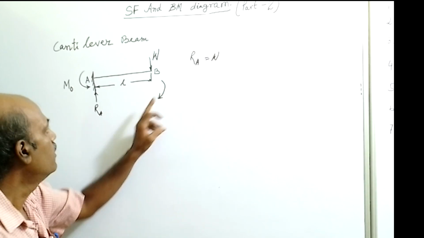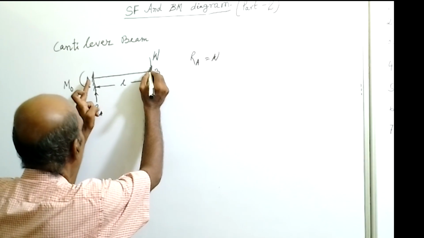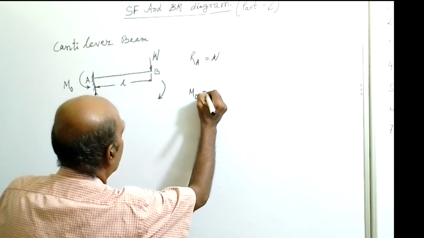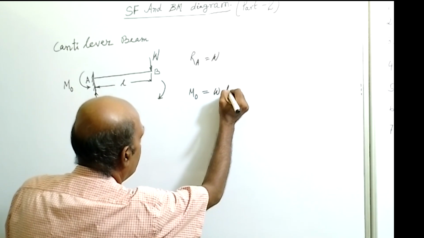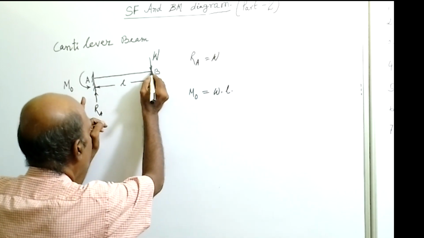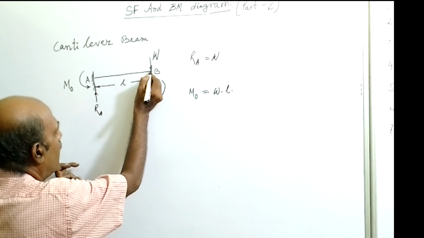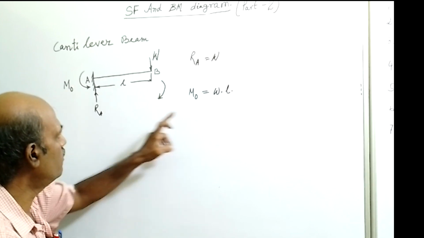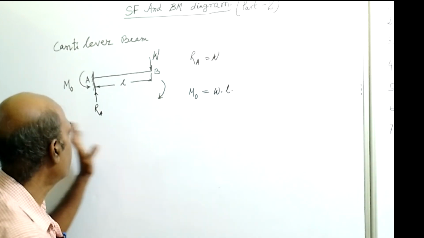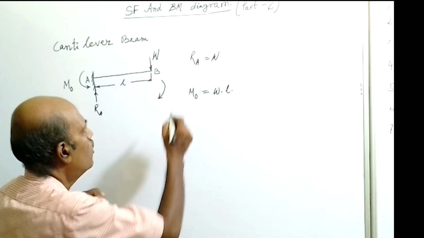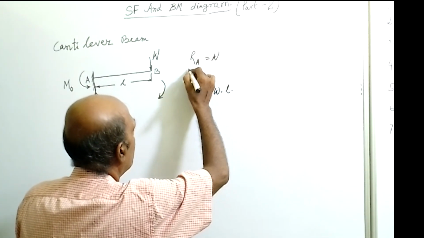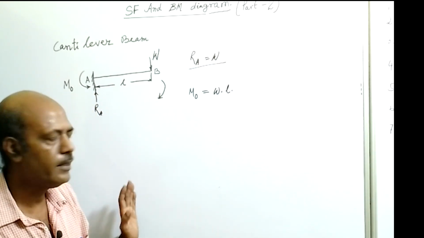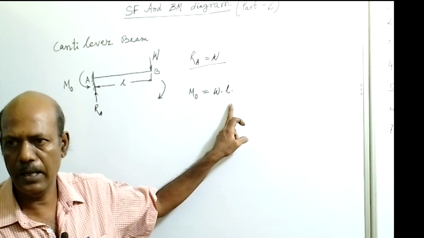The moment produced by W about the fixed end is W into L, force into the perpendicular distance from the load to the moment center. So M0 will be equal to W into L, and thereby the beam will be in equilibrium. From this we have got RA, the vertically upward reaction force, equal to W, and the moment at the fixed end equal to W into L.